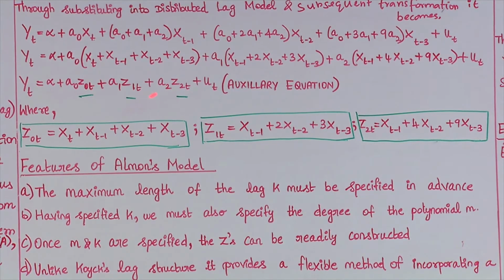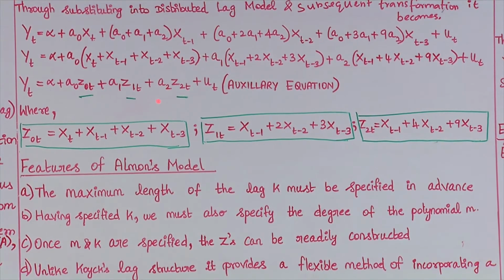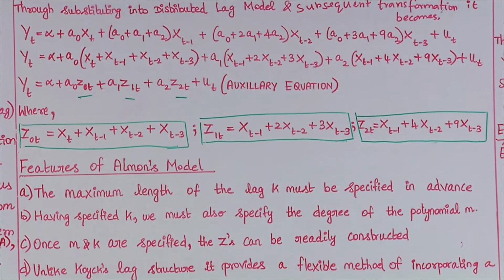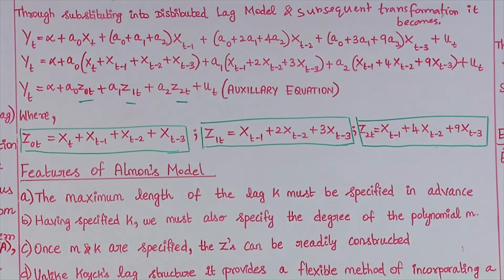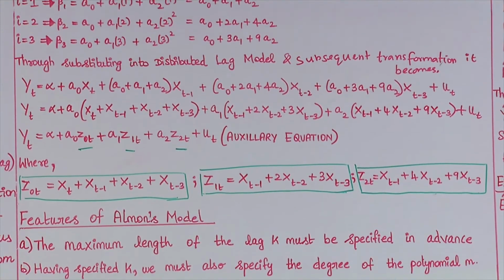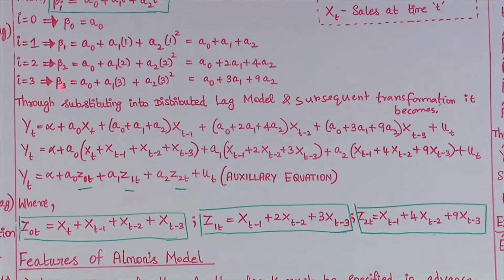So with these coefficients, you can recompute the coefficients of the main equation. For example, these a0, a1 and a2 could be used to find the values of beta 0, beta 1, beta 2 and beta 3, right? Once the values of a0, a1 and a2 are known, then you can find the value of beta 1. So beta 0 is nothing but a0. Beta 2 is very simple.